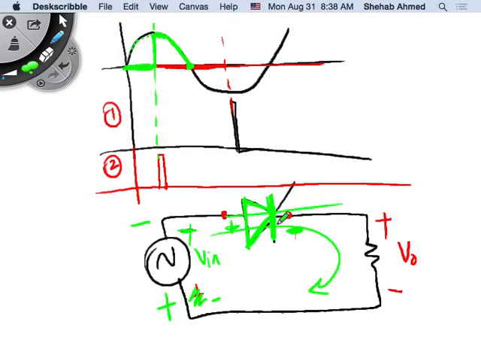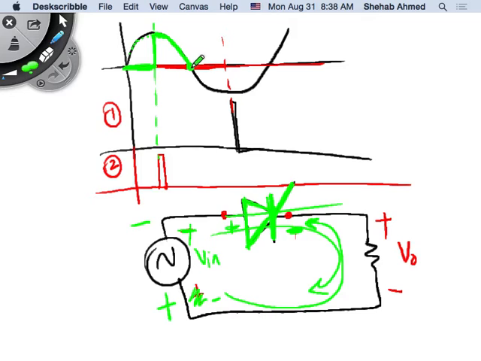If it was a short circuit, current was going to start flowing in the opposite direction, right? So we said that if current tries to flow in the opposite direction, in a thyristor, what's going to happen to it? Or a diode? It will block, right? Diodes will only conduct forward current. If you try to push reverse current through them, they will block. So it's exactly the same thing.